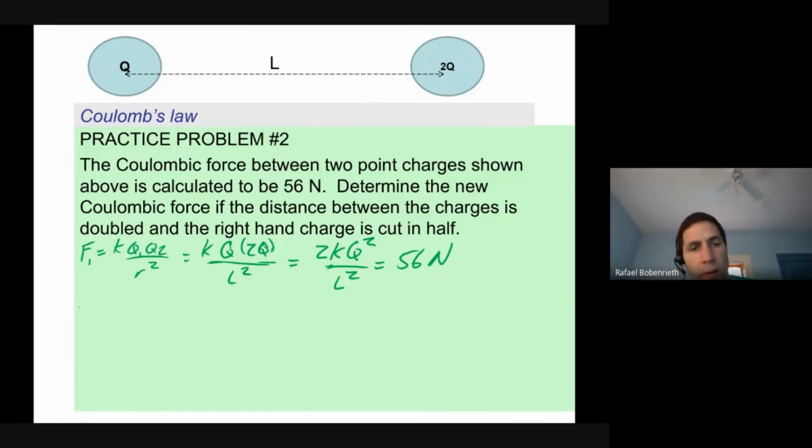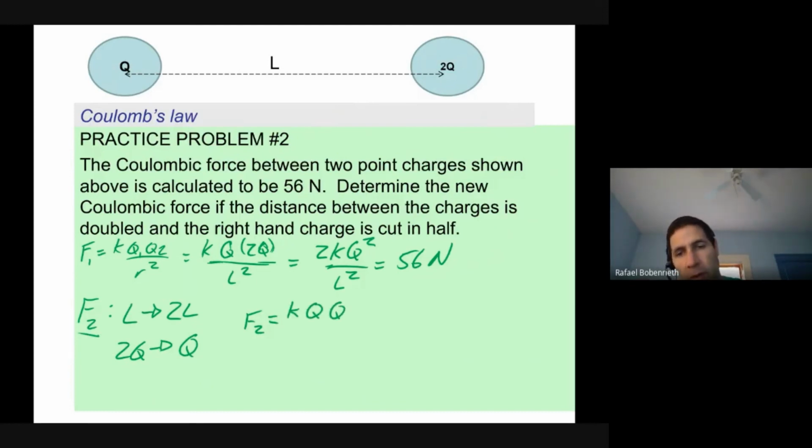Okay. Now, the new situation, what do we know? The distance between the charges is doubled. So L becomes 2L, and we know 2Q is cut in half, so that becomes Q. So how does that change our situation here? We know now that F2 equals K, Q1 is still Q, but the second charge has now become Q, and the L has become 2L squared.